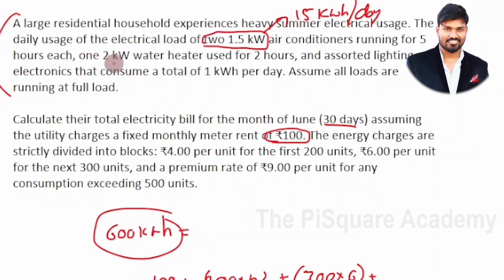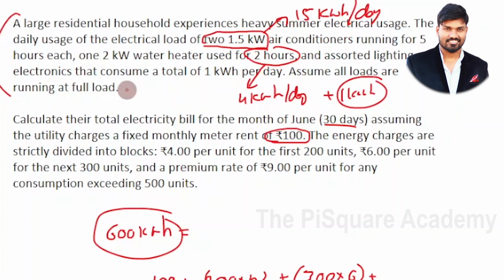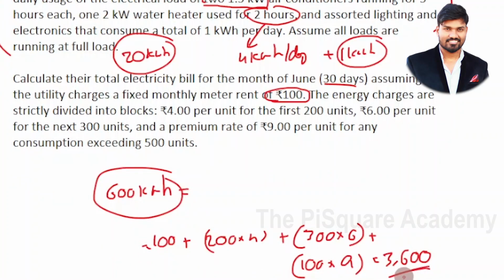Then one water heater working for 2 hours: 2 into 2, which is 4 kWh per day. Lightings and electronics give 1 kilowatt hour per day. 1 plus 4 plus 15 is 20 kilowatt hour per day, into 30 is 600 kilowatt hours or 600 units. And the bill is 3,600 rupees.